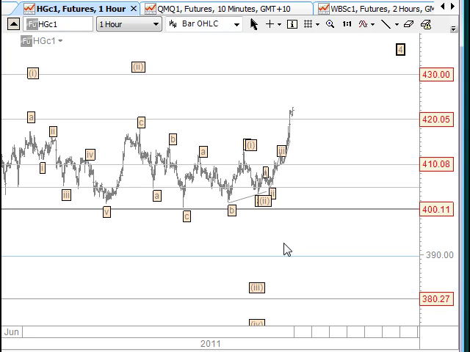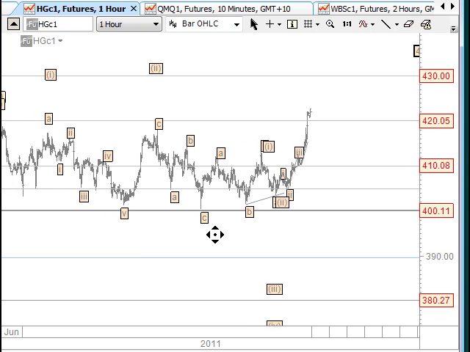BHP and Rio can have a 50% impact on our markets, and we're finding that on the index, and we're also seeing our finance sector, especially Commonwealth Bank, take the lead there, which it has done from the US banking sector as well. So that all sort of fits together there.